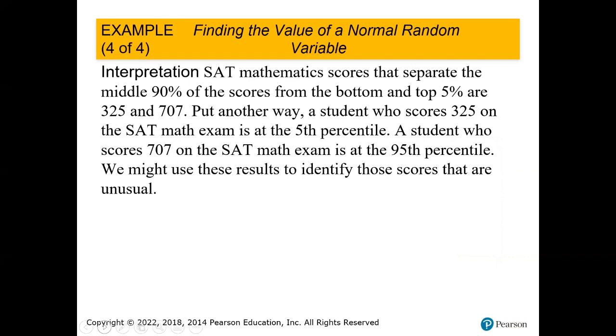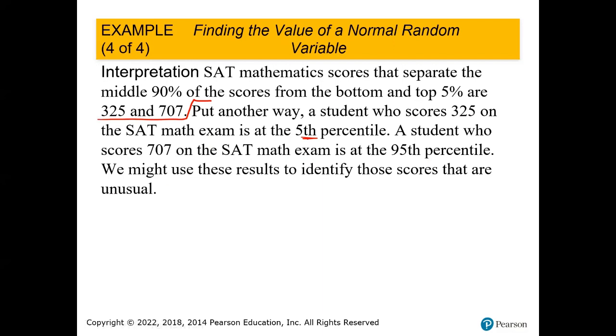So the way that we interpret it here, the SAT scores that separate the middle 90% of the scores from the bottom and top 5% are 325 and 707. We could put it in another way and say a student who scores 325 on the SAT math exam is at the 5th percentile. And a student who scores 707 on the SAT math exam is at the 95th percentile.